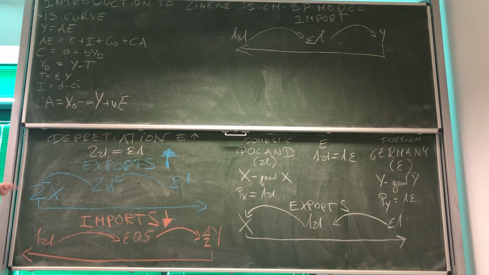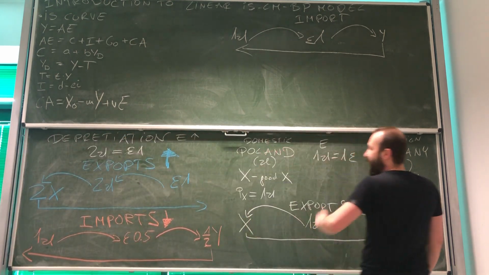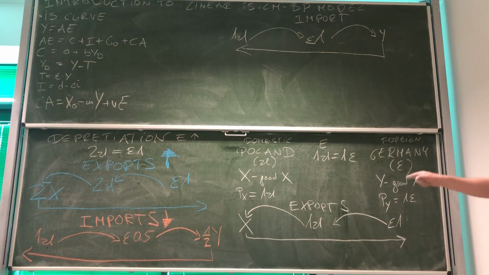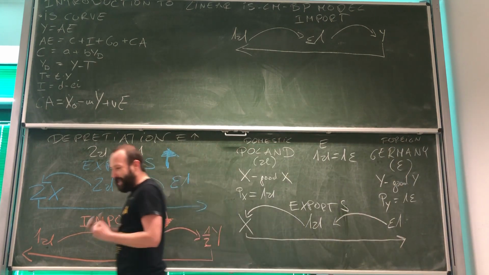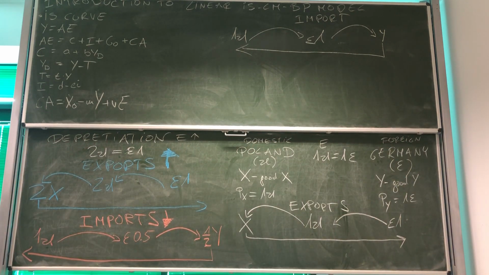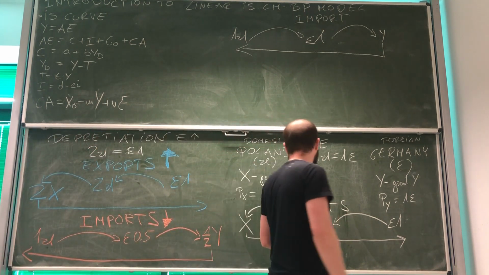Look, compared with the previous situation, we sold twice as many units of good X, and we bought only half of the units of good Y. Look, what the exchange rate does, when the exchange rate changes, it changes relative prices of goods in different countries.